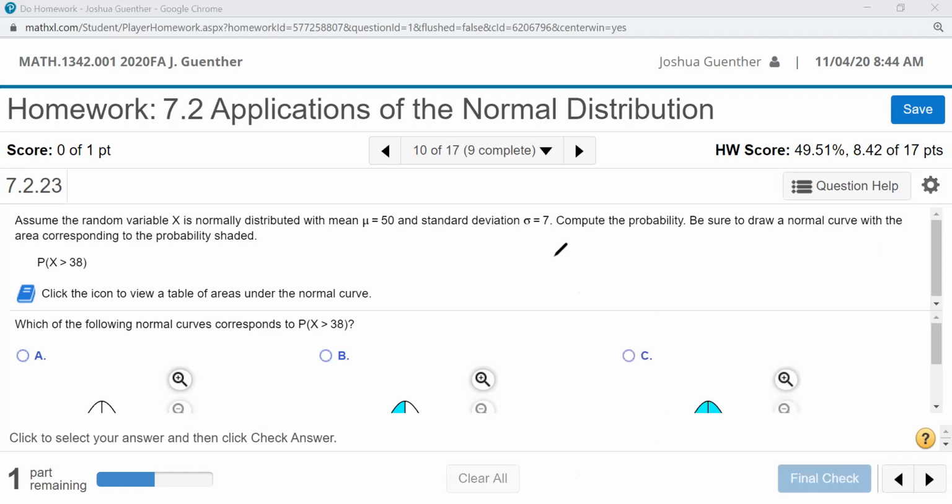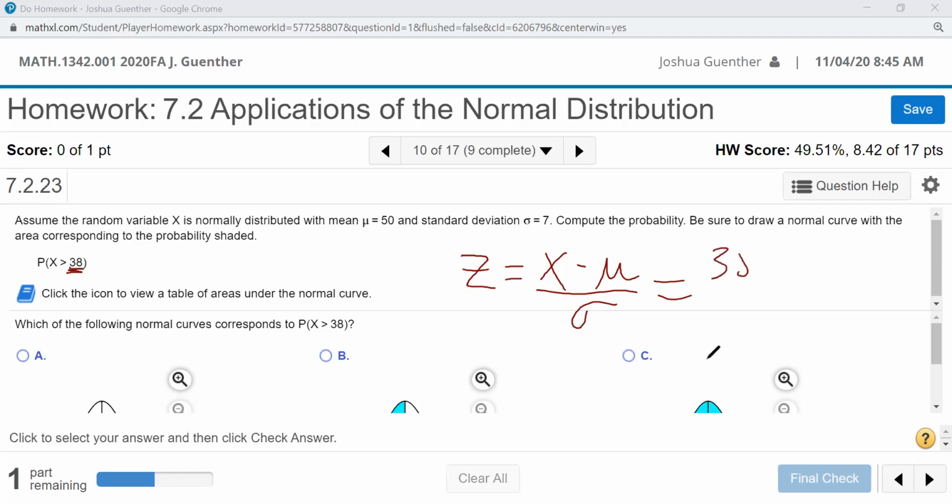So first of all, we've already kind of looked at this formula. Now we're going to look at it even closer. Our z-score formula is x minus mu over sigma. This is going to be our formula for finding a z-score from a given x value. Well, in this particular case, let me move this over so I have more space. In this particular case, the x value of interest is 38.